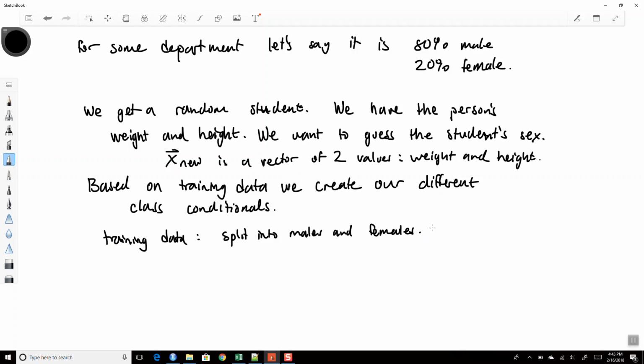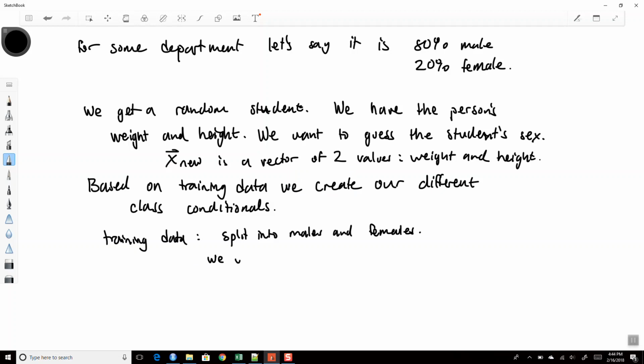So maybe we're going to say height and weight follow a multivariate normal distribution. They don't, okay? Height follows the normal distribution. Weight is not quite normal. It's generally right skewed. But for simplicity, we'll just say height and weight follow a multivariate normal distribution. Is that okay?